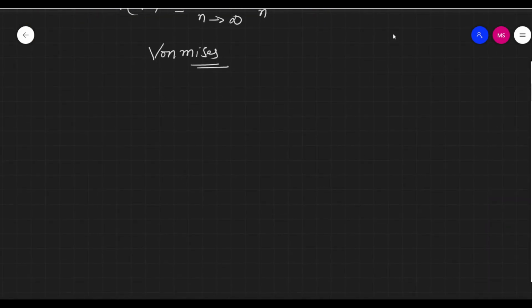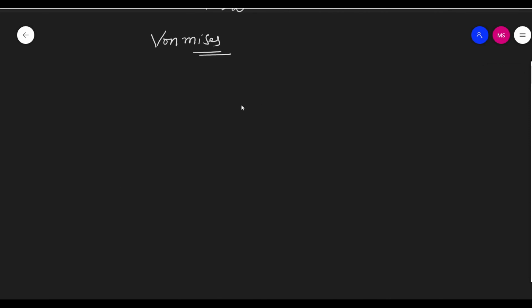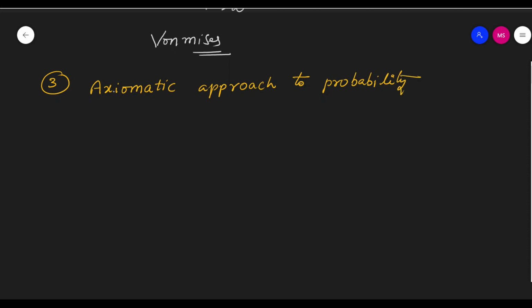Right. Next, the third definition is called the axiomatic approach to probability.